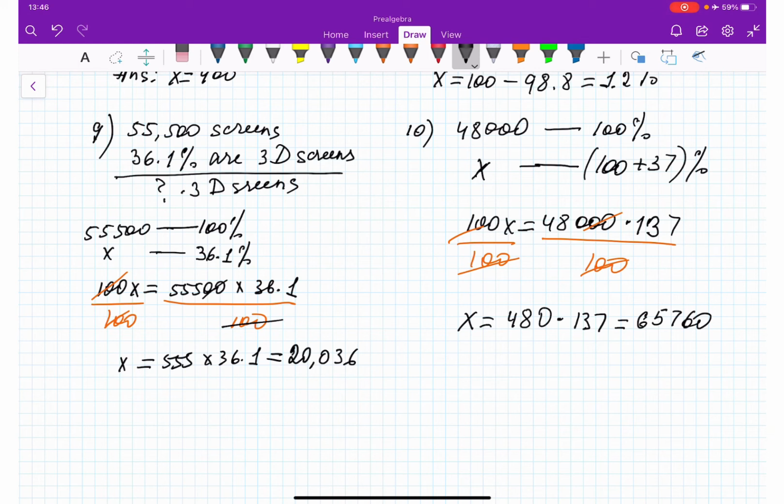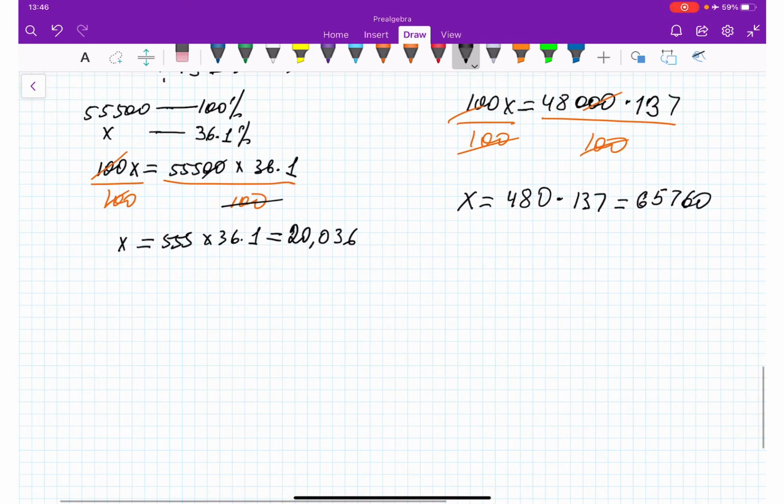Question number 11. Let's see what we have. A furniture company currently produces 6,500 chairs per month.